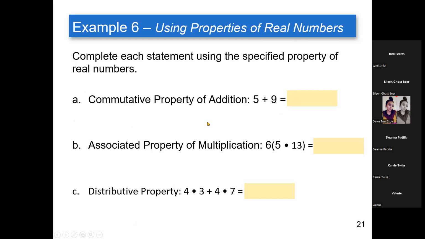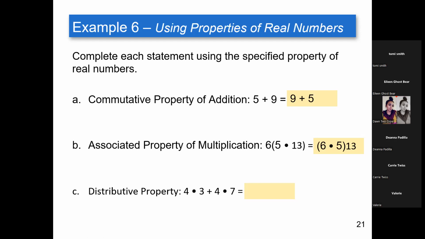And then they want us to complete the statement using the property. And then we're just about done. Commutative means you can switch the order and it'll still be the same answer. Associative means, it should be associative right here, that you can move the parentheses and still get the same answer.